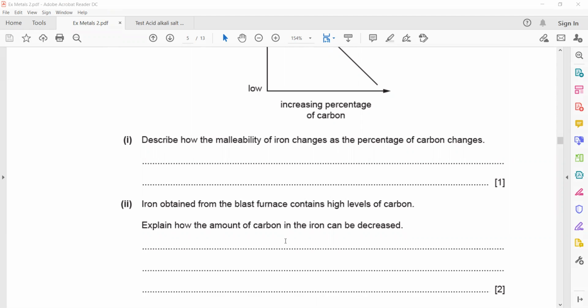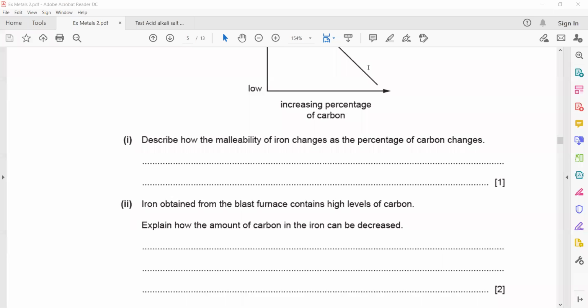So add oxygen, which reacts with carbon to form carbon dioxide and reduces the percentage.